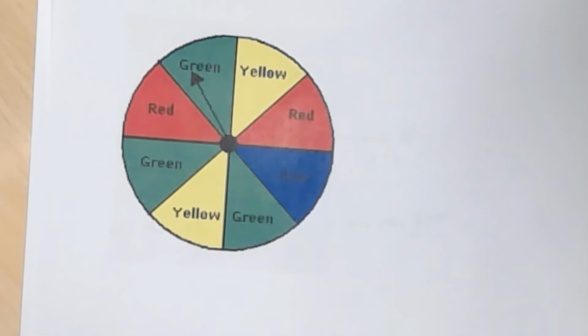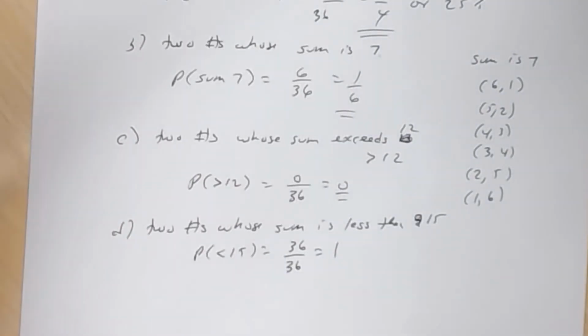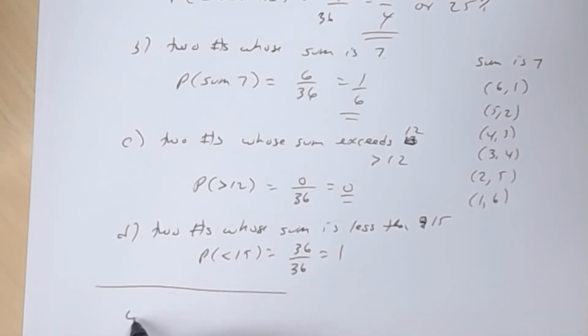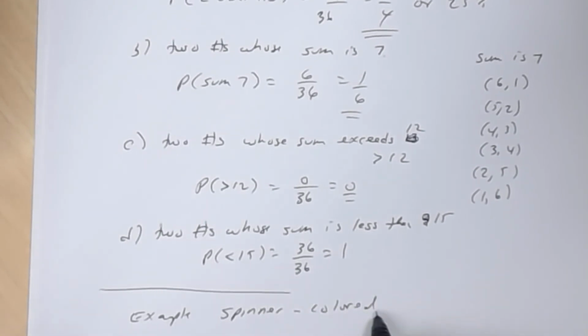All right, so let's look at a probability for that one. This will be the example on the spinner, our colored spinner.